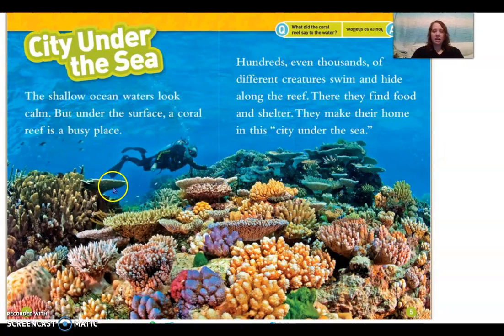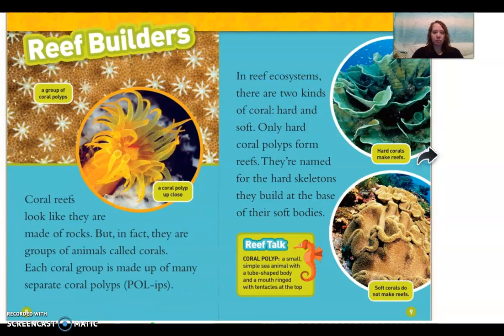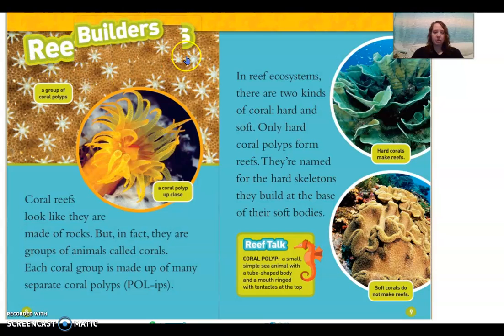City under the sea. I'm noticing in the photograph there are a lot of different pieces of coral. Here I see a map, and it says there's a key that this is where coral reefs are. Okay. Seeing some interesting sea creatures that live in reefs. Reef builders.